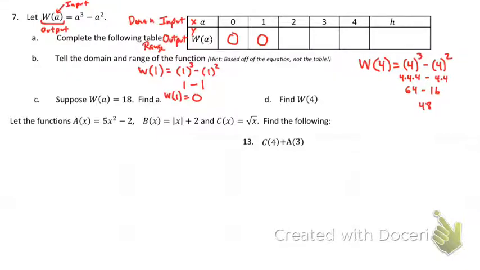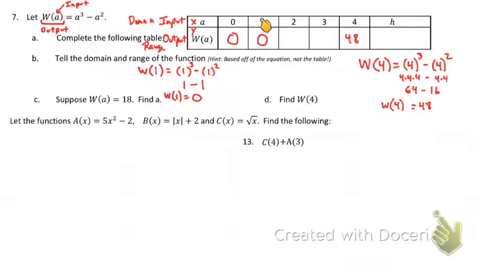And our output would be 48. So my output of W is 48, but my input was 4. So I'm going to put 48 here. Okay, and I'll let you fill in the rest if you want. It's up to you. Okay?